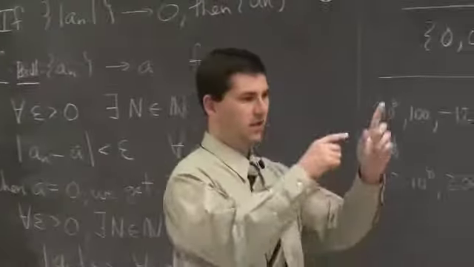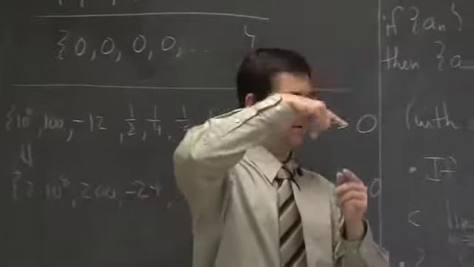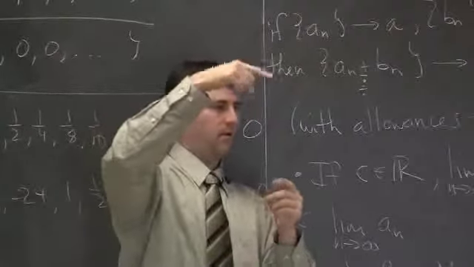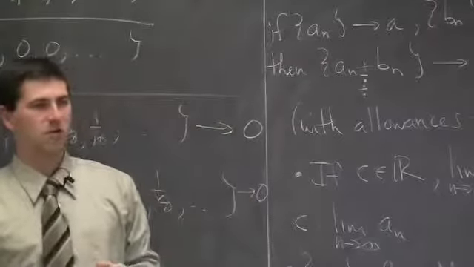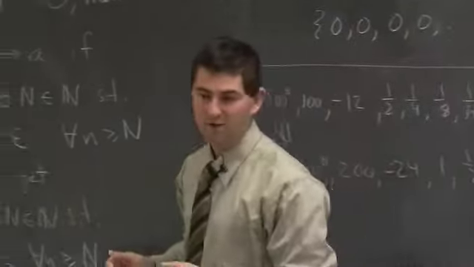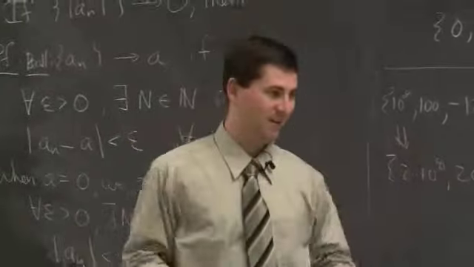Can you just argue, well, if the absolute value is converging to 100, then it's just hopping around 100, and so the original sequence must be getting close to 100? Is that right? Or can you come up with a sequence that converges to 100 in the absolute value, but not the original sequence?